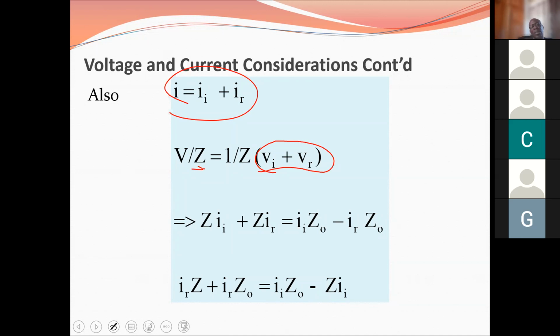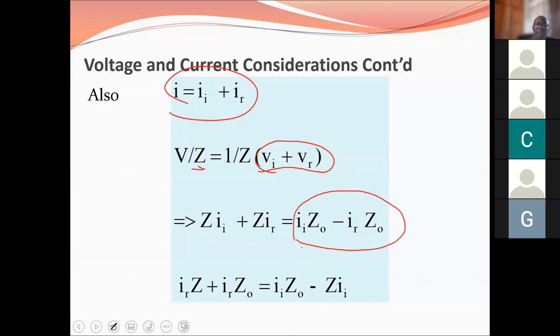Now we know what VI and VR are equal to with respect to the surge impedance. All right.